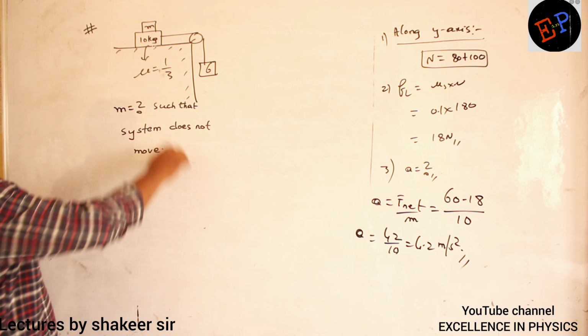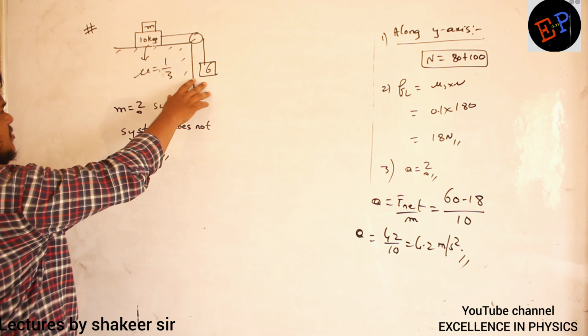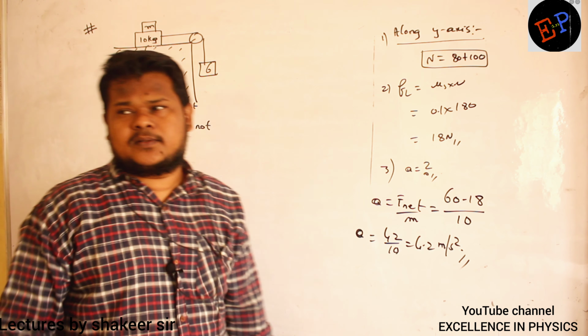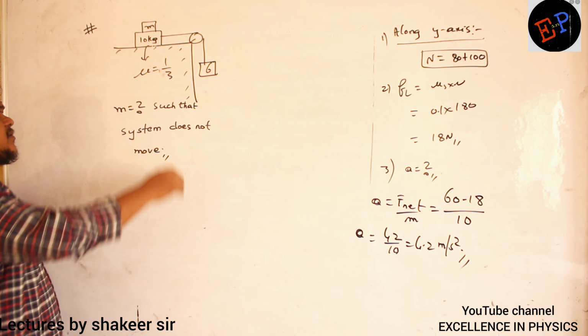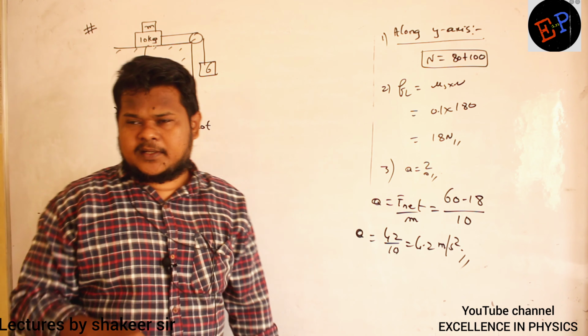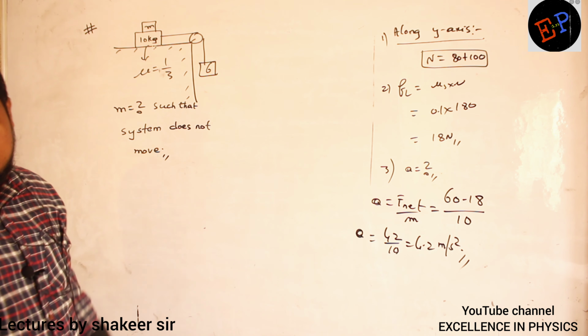So there is a 10 kg body and a 6 kg body, and on this 10 kg body I am placing a mass of m. The coefficient of friction between this 10 kg body and the ground is 1/3. Then what is the mass small m I have to place on this 10 kg body such that this system does not slide?